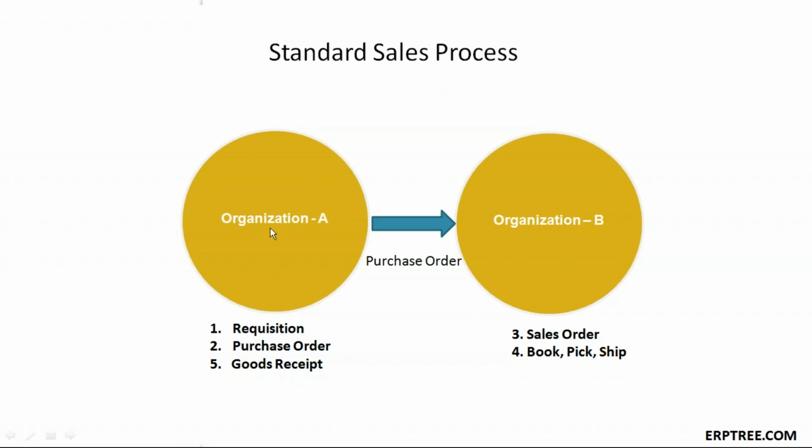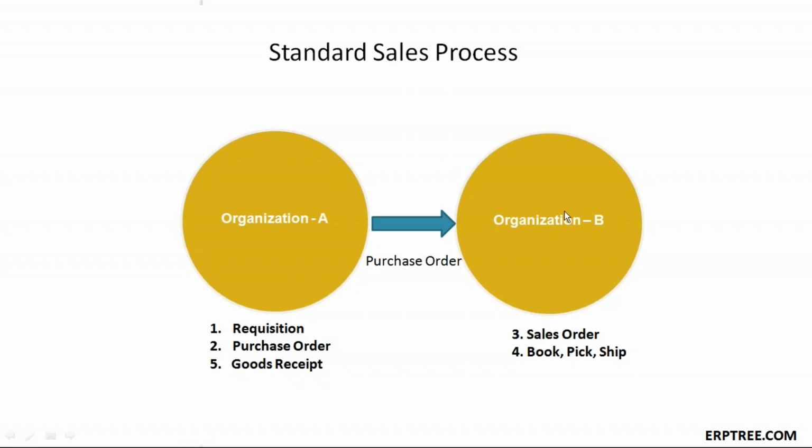The first step is organization A raising the requisition, and based on that they are placing the order to organization B. Third step is based on the purchase order organization B receives, they create the sales order. They do activities like booking the sales order, picking the material and shipping the material to organization A. Finally, once organization A receives the material, they'll record the goods receipt, or you can call it GRN, goods receipt note. This is a very standard sales process.